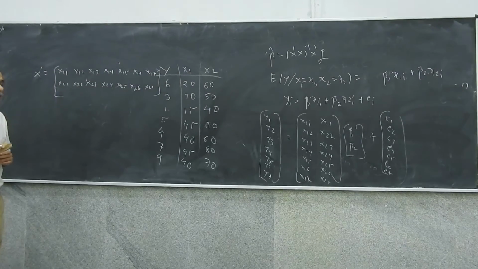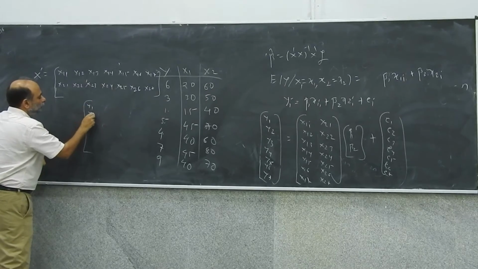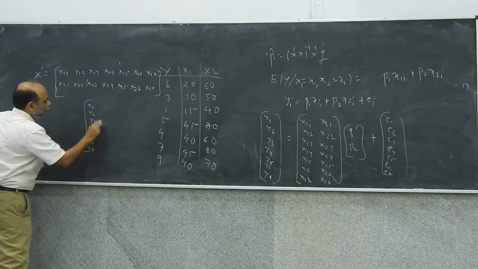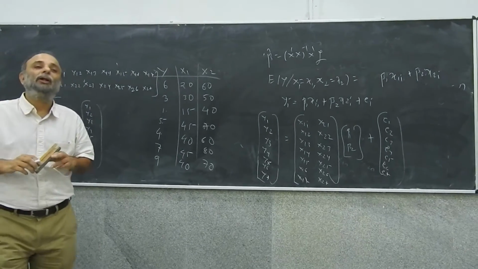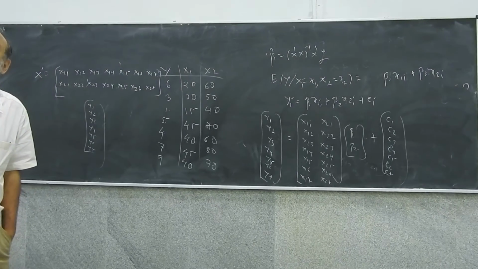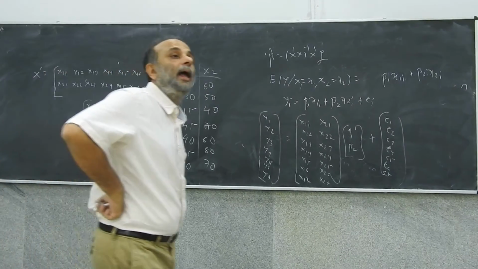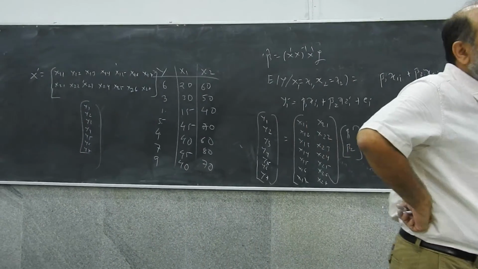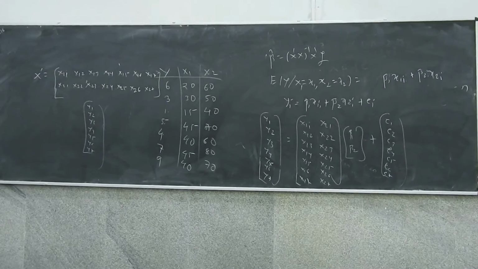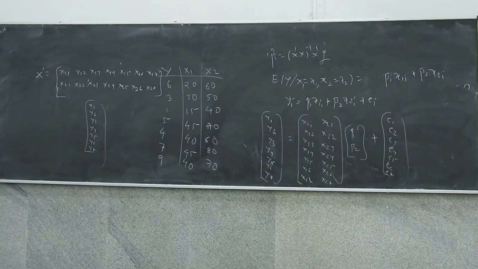You have to multiply this with y. First tell me whether the matrices are conformable. X dash is 2 cross 7. Y is 7 cross 1. So what will be X dash y? 2 cross 7 into 7 cross 1 is 2 cross 1.